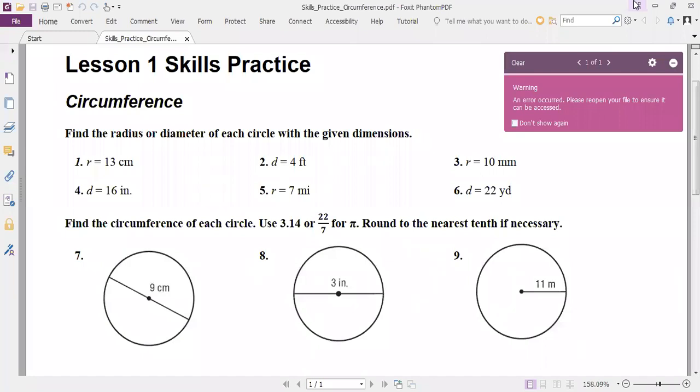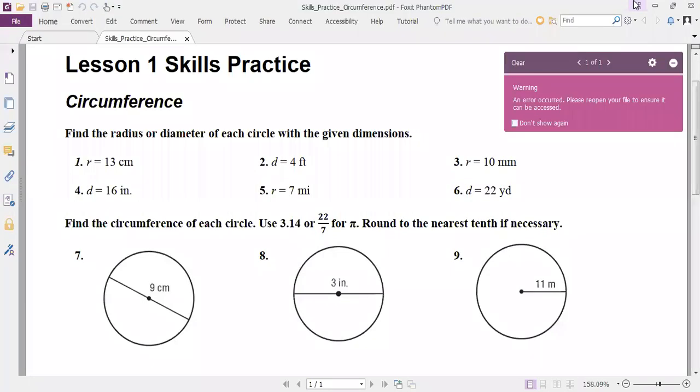Pi is equal to what? 3.14. Multiply 9 by 3.14. It equals 28.26. We will make rounding, an approximation, it will be equal to 28.3, right? Clear?